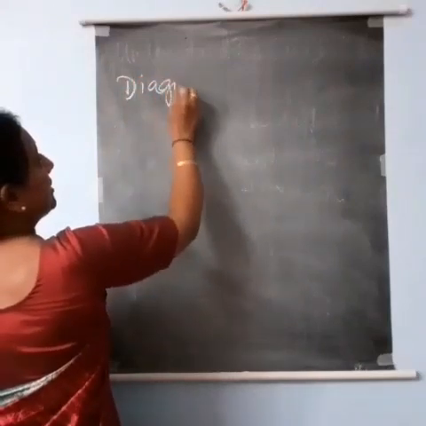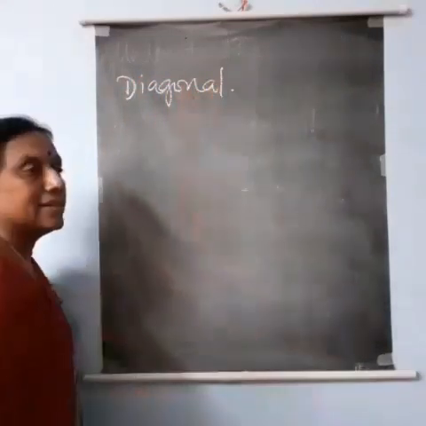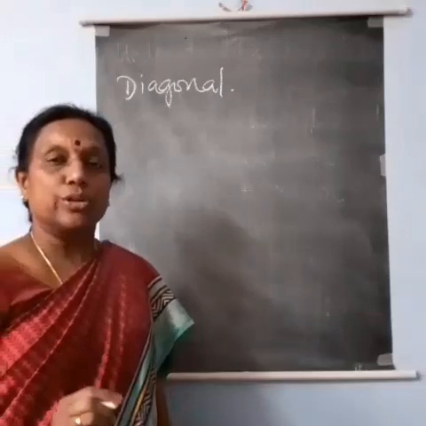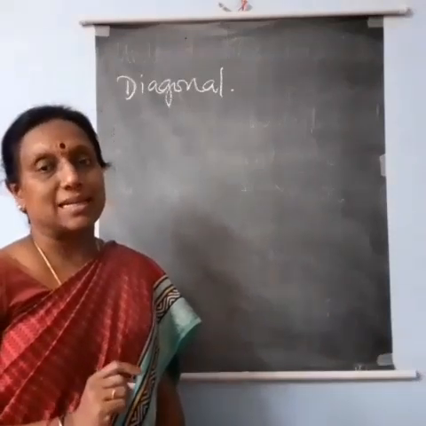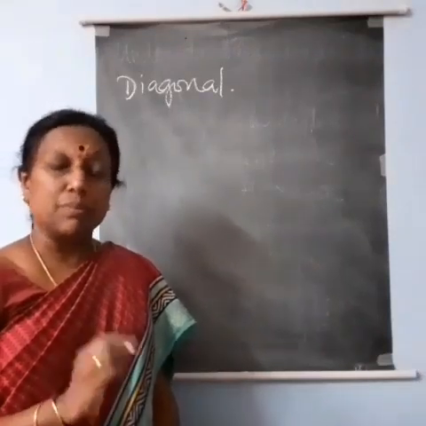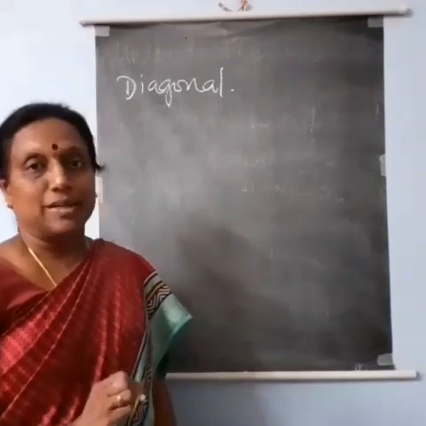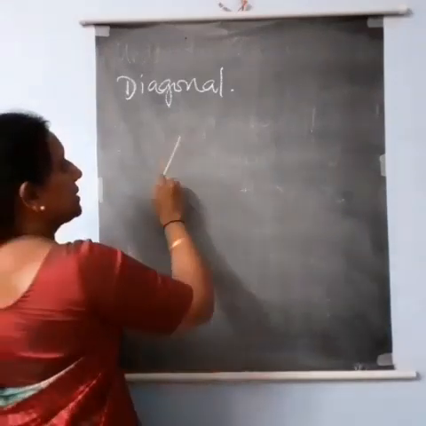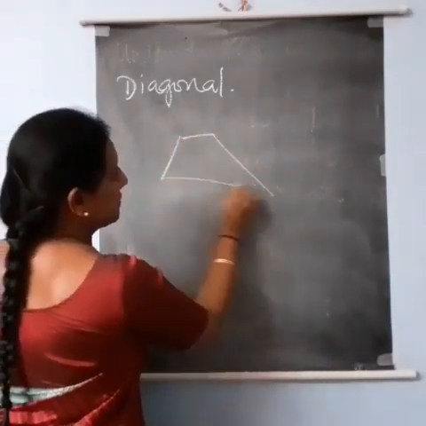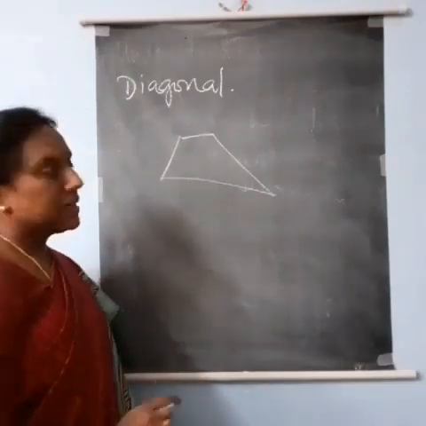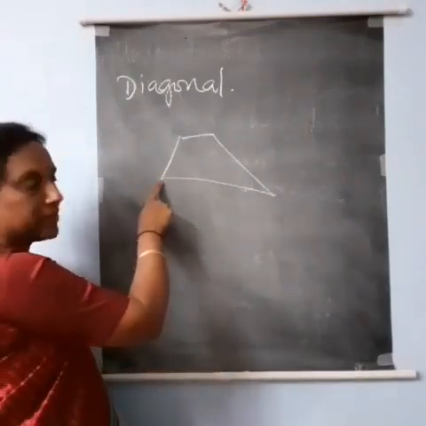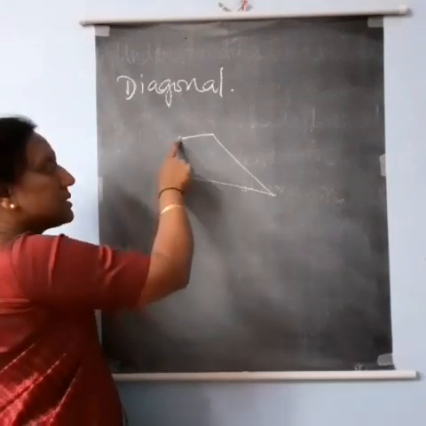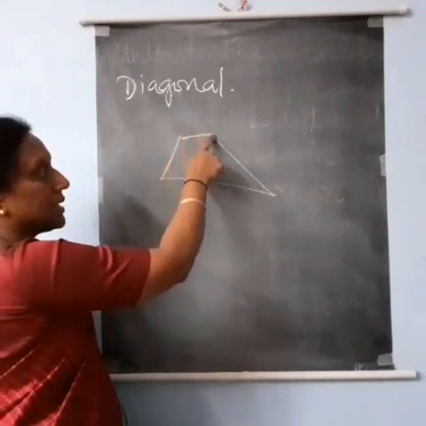What is a diagonal? A diagonal is a line joining two non-consecutive corners of a polygon. Now supposing I take a four-sided figure. Now this is one corner, then this is the adjacent corner, this is another corner.